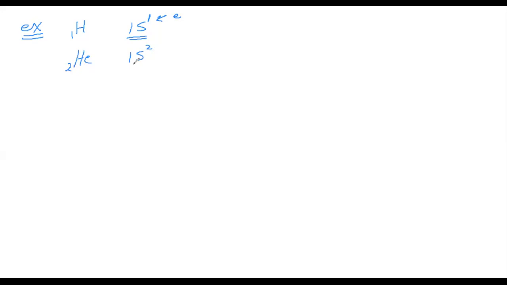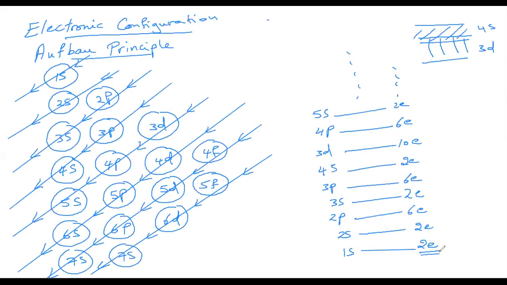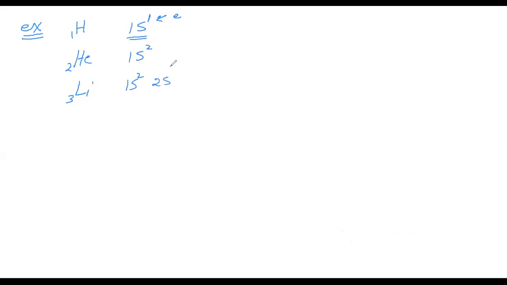This means that the first shell was filled by 2 electrons. If I come to lithium, the 1s is filled by its 2 electrons. We can't add another electron, so I have to go to an upper subshell, which is the 2s. So I write 2s and write here 1.